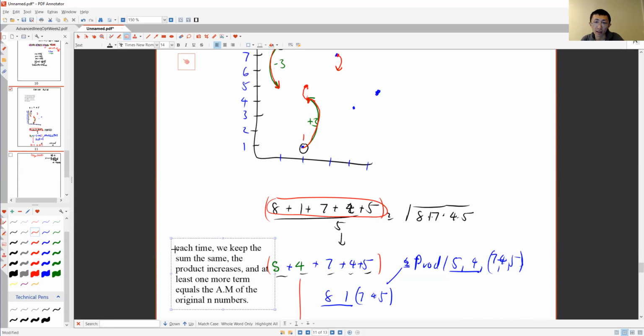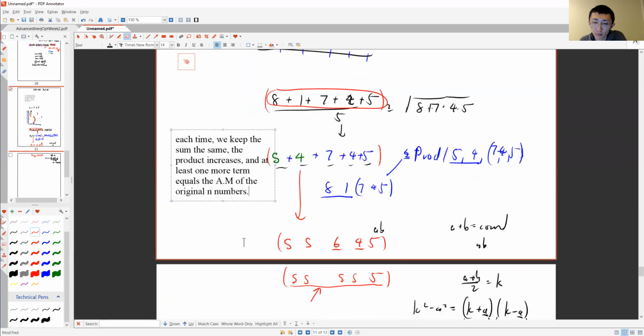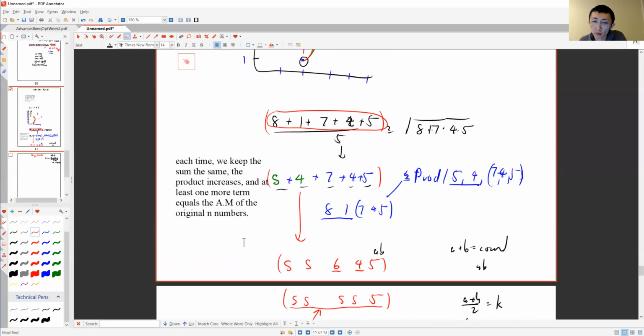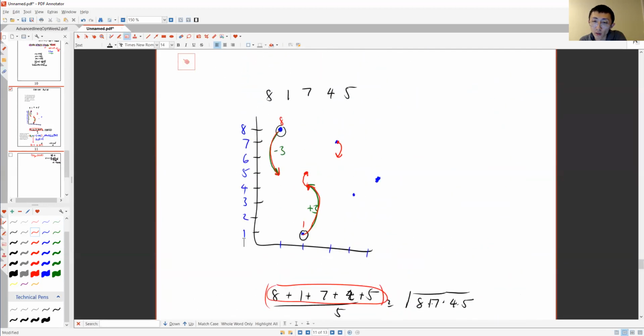So that's what we're doing at each step. We just shift 2 numbers so that one of them equals the arithmetic mean, shift the other 2 numbers so that at least one of them equals the arithmetic mean, and so on. Arithmetic mean of all the original numbers. So this is the most intuitive way to see why AM-GM should be true. And you can probably formalize it into a proof as well.